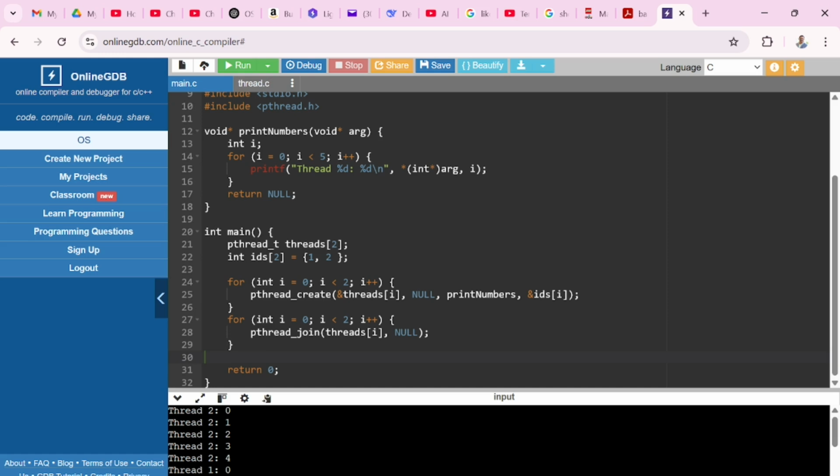So thread 2 went into execution, then it started printing 0 1 2 3 4. After thread 2 completed, then thread 1 gets the chance, then it prints 0 1 2 3 4.